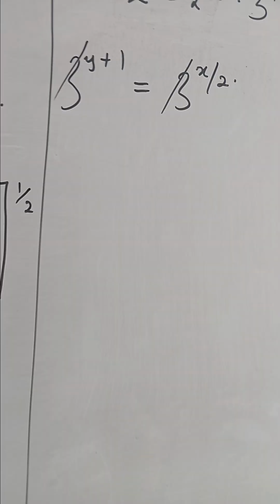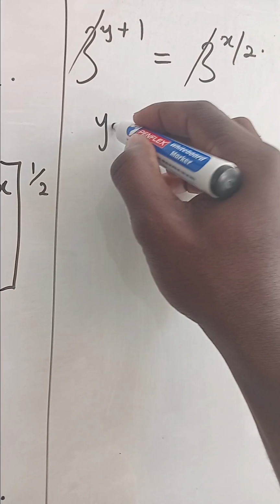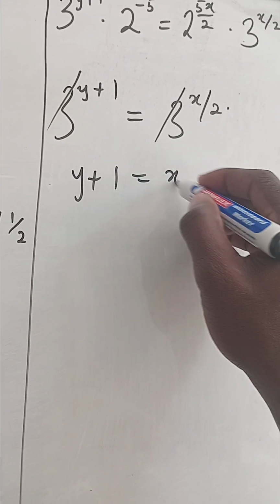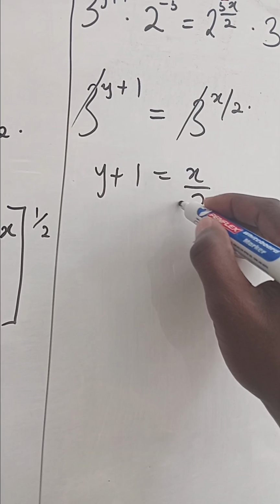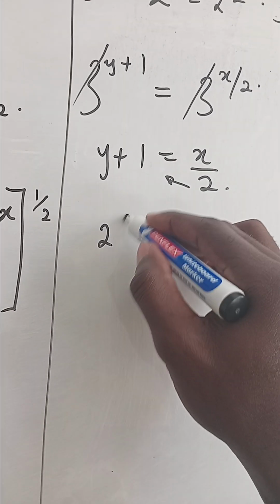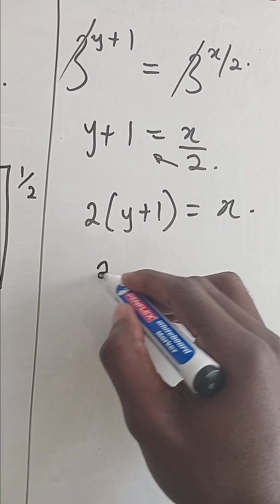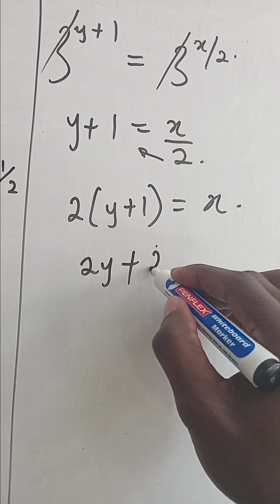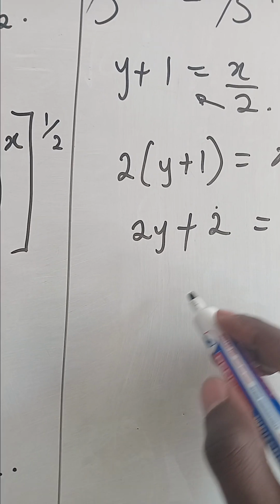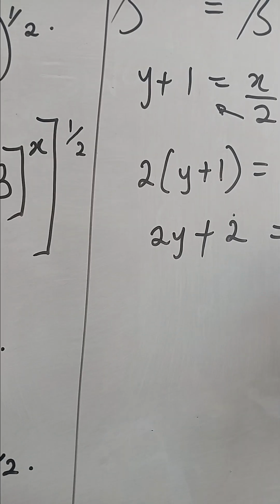So 3 is common to both sides. I can cancel out my 3, and then I have y plus 1 is equal to x over 2. So cross multiplying this, I have 2 into y plus 1 equals x. So 2y plus 2 equals x. From this, I can call this equation 1.